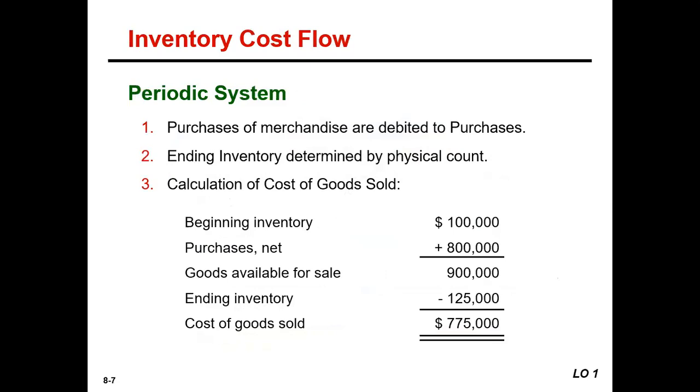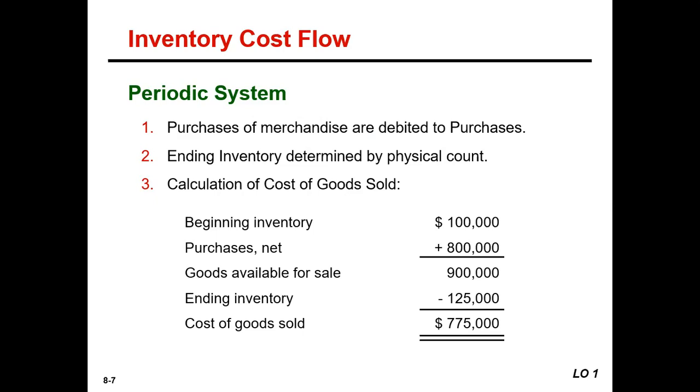In the periodic system, again, purchases of merchandise are debited to purchases. We're only updating inventory periodically. Ending inventory is determined by a physical count, and then we calculate cost of goods sold. We take beginning inventory plus purchases, which gives us cost of goods available for sale.